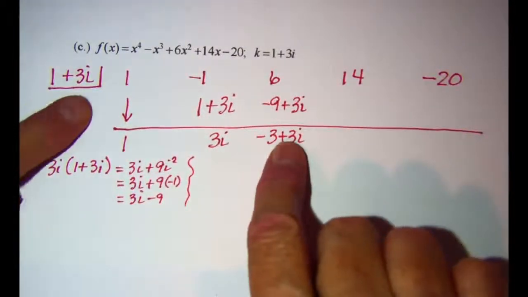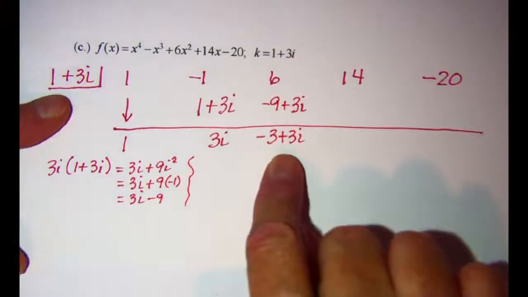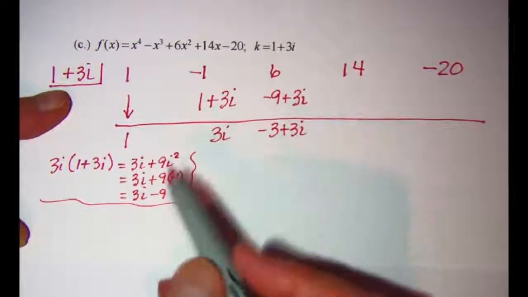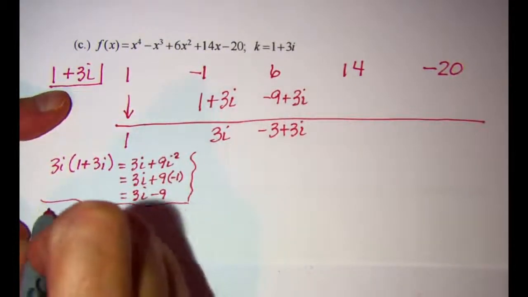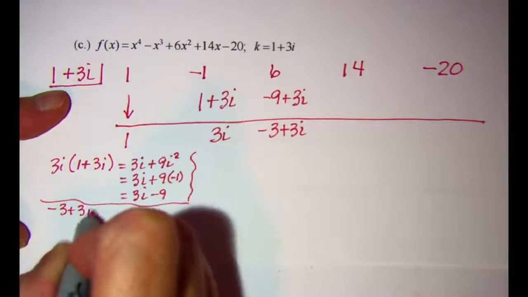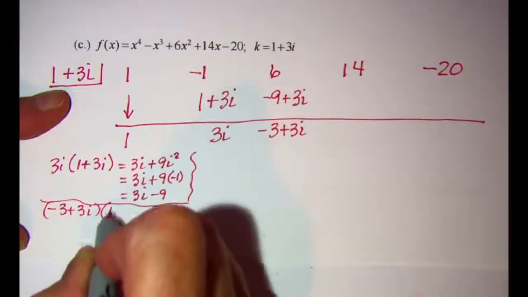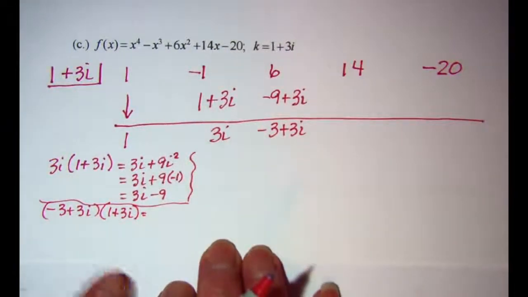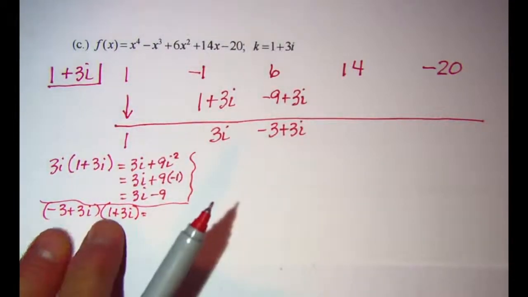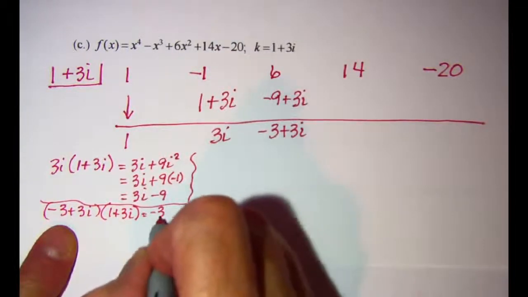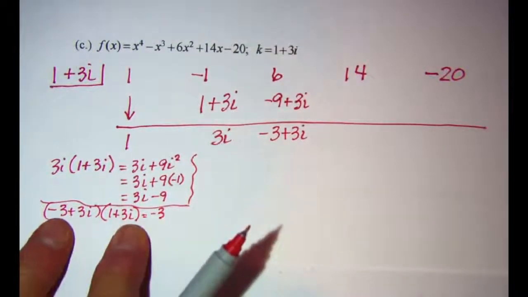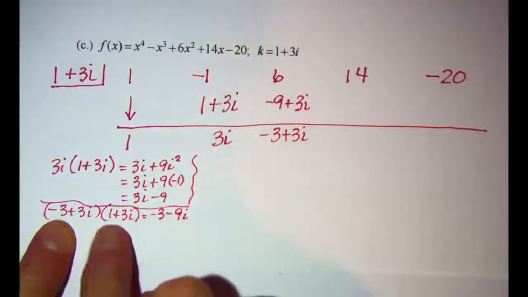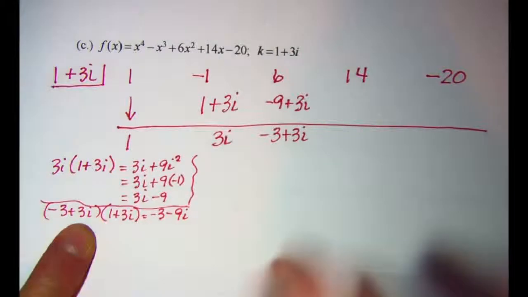Now I need to multiply these two numbers. Let me do that right here. A negative 3 plus 3i is getting multiplied by 1 plus 3i. I'm going to have to use FOIL on this. So negative 3 times 1 is negative 3. Negative 3 times 3i is a negative 9i. Now my inners, 3i times 1 is 3i.